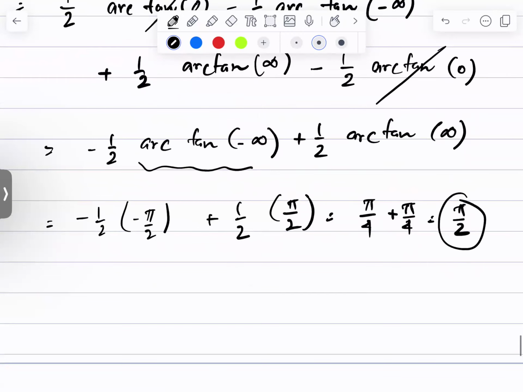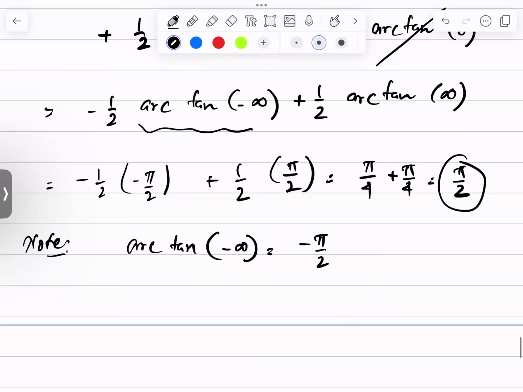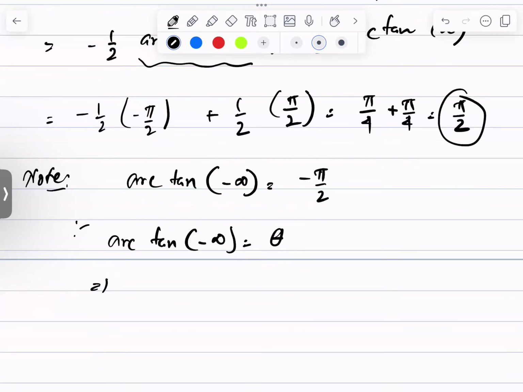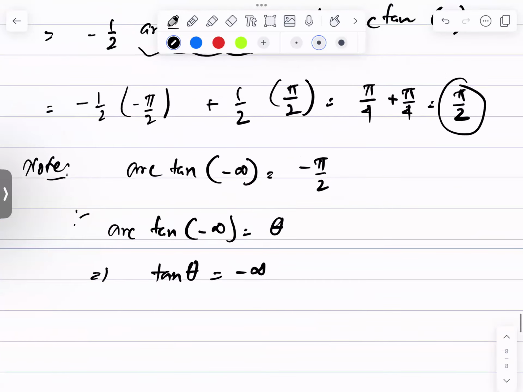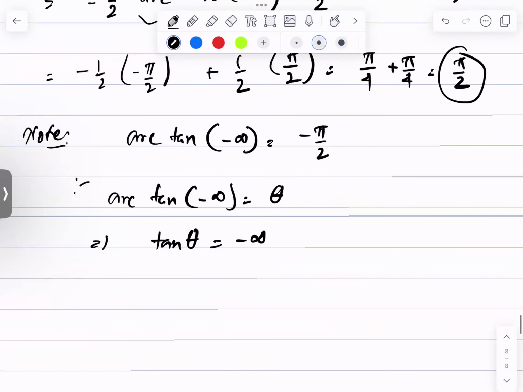Maybe I'll take a note on how I get arctan of negative infinity as minus pi by 2. Suppose arctan of negative infinity is theta. Then tan theta should be negative infinity.